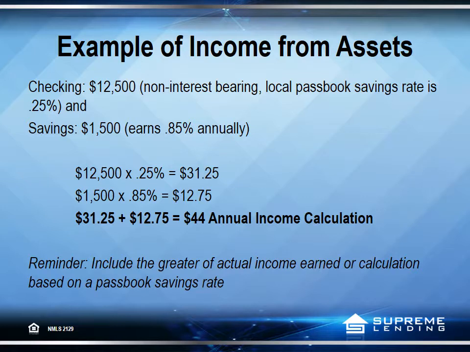The final portion of the calculation is to take the $31.25 and add it to the $12.75, which equals the $44 in annual income calculation. Remember to include the greater of the actual income earned or the calculation based on the passbook savings rate.